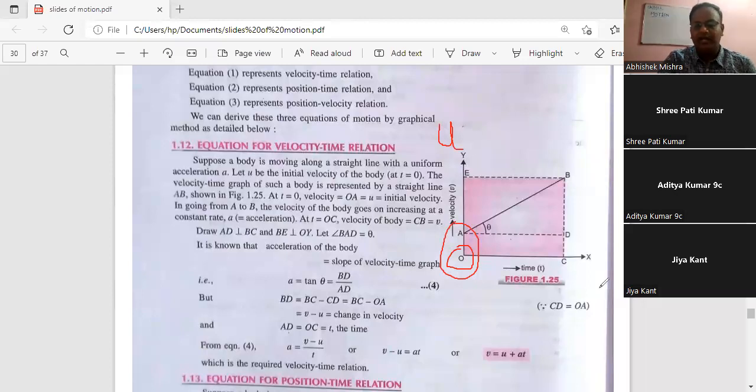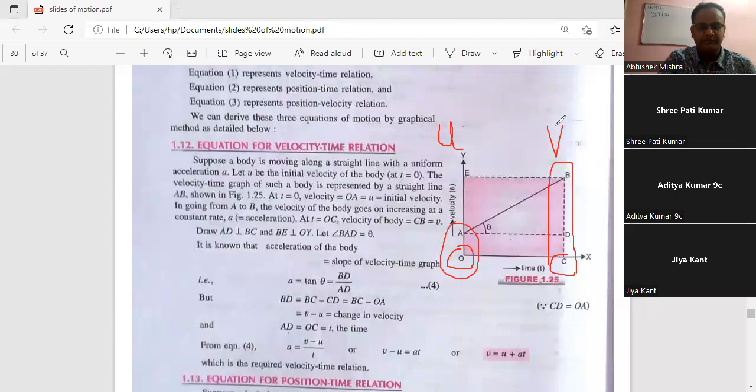And at time T, that means OC, can't we say that CB is the final velocity, which is V? Yes or no, Shripati? Now it is clear.